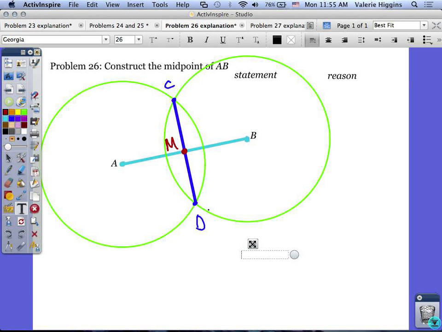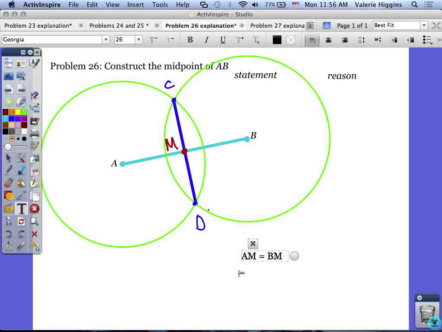A point that divides the segment into two congruent halves. So what are my two congruent halves going to be? AM is congruent to what? BM or MB, that's the same thing. Alright, so I want to get to a point where I can say AM is congruent to BM.